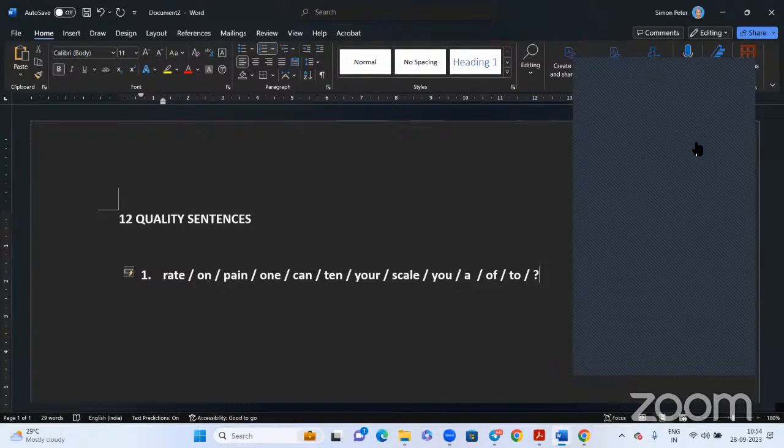Yeah, this is one sentence. So write down your sentences. You can add or reduce, but this sentence is very important.